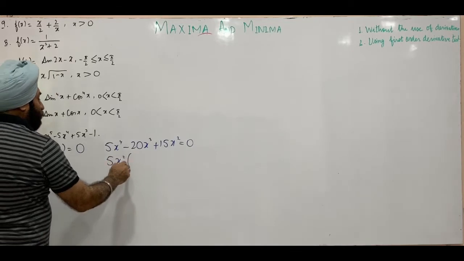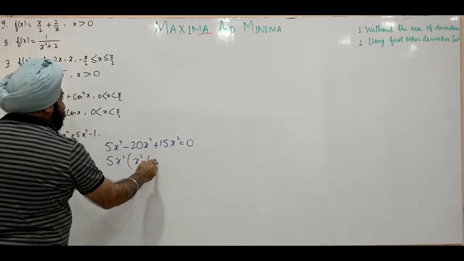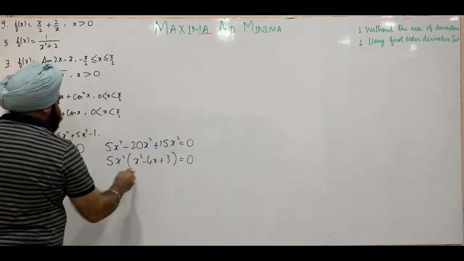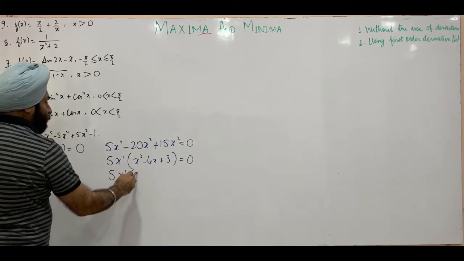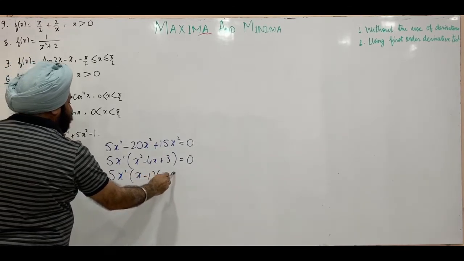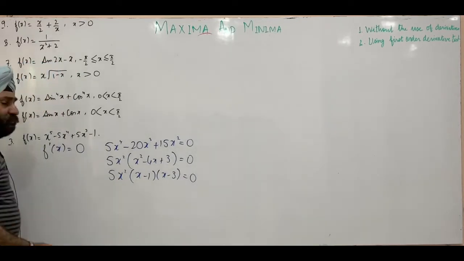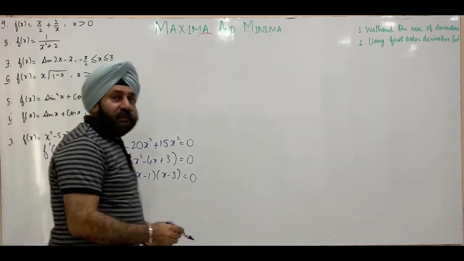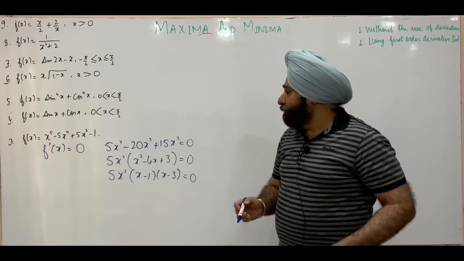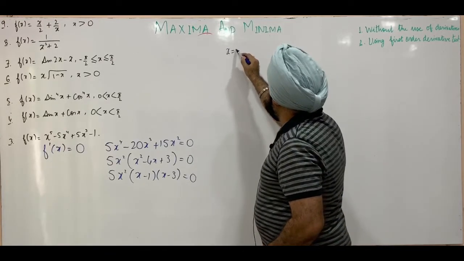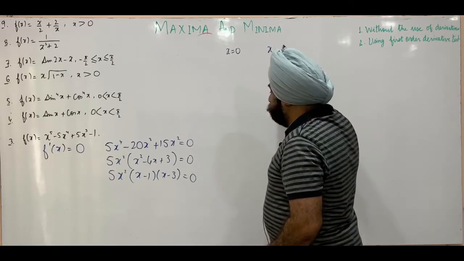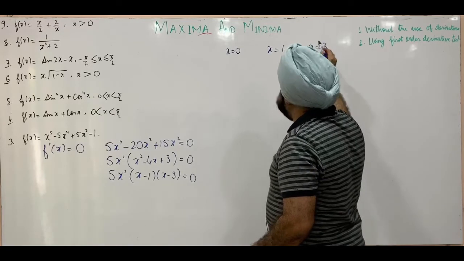Taking 5x square common, this is x square minus 4x plus 3, this is 0, or 5x square into x minus 1 into x minus 3, this is 0. So equating each factor equal to 0, we get the critical points as x is equal to 0, x is equal to 1 and x is equal to 3.